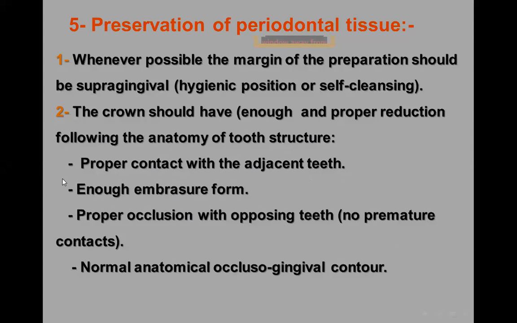To healthy gingiva or healthy gingival tissue in the future. Again, the normal buccal and lingual anatomical contouring will protect the gingival tissue from the shedding of food during the chewing of food by the patient. These are very important to follow during our preparation to provide future protection for the periodontal tissue.